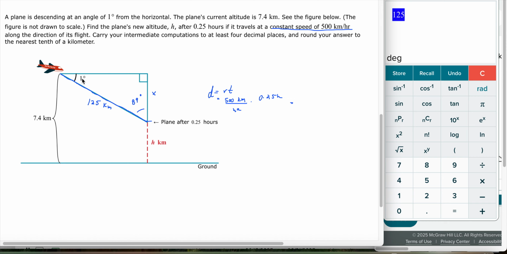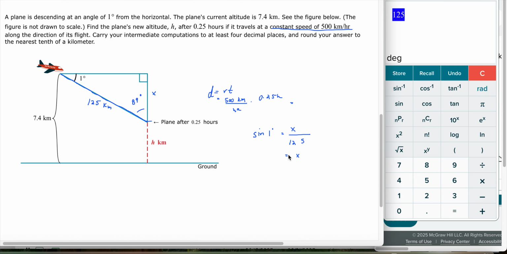Since I know 1 degree, this would be opposite, and that 125 would be the hypotenuse. So I can set up a sine ratio: sine of 1 degree is equal to x, which is what I'm looking for, over 125. Then I multiply 125 by sine of 1 degree.